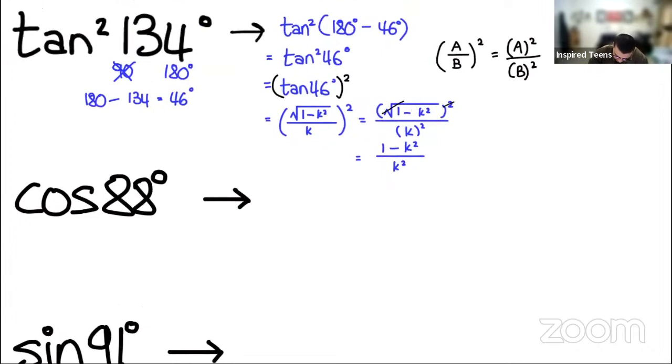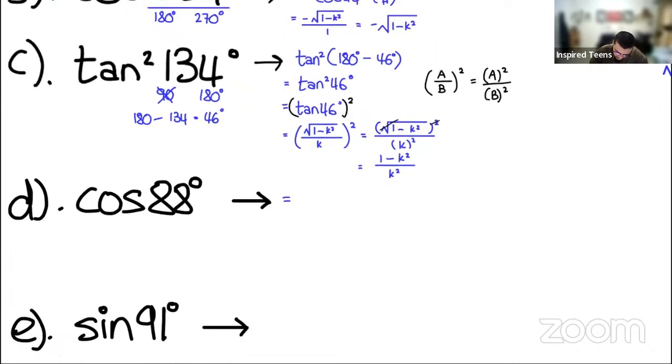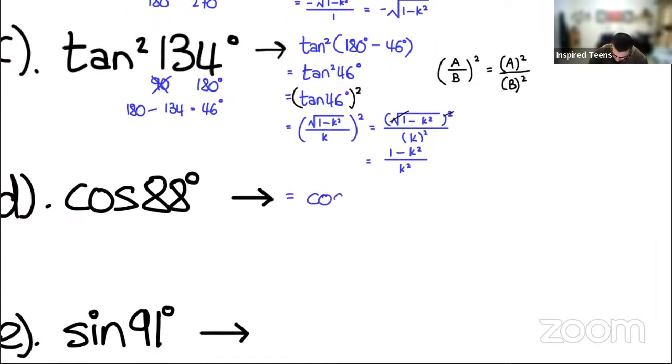The way we re-express this is cos 88 is equal to cos 2 times 44. I haven't changed the value of the term because 2 times 44 is still 88. It's still the angle inside the cos. However, I've expressed it slightly differently in terms of a double angle.